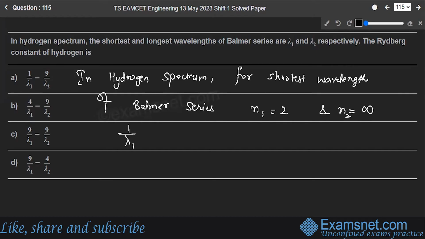That gives you 1 upon lambda for the Balmer series is R into 1 upon 2 square minus 1 upon infinity. That gives you 1 upon lambda BS is equal to R upon 4.